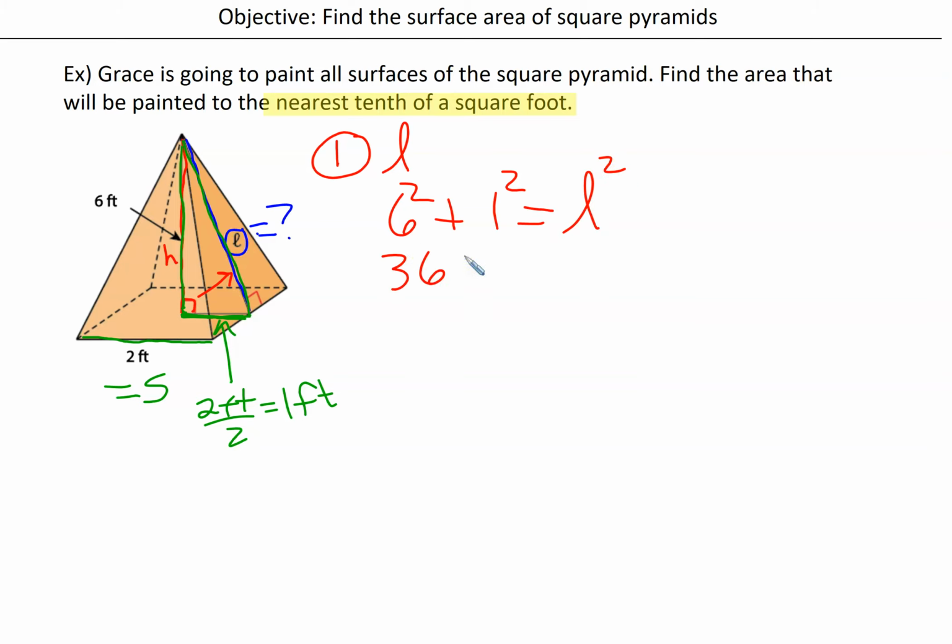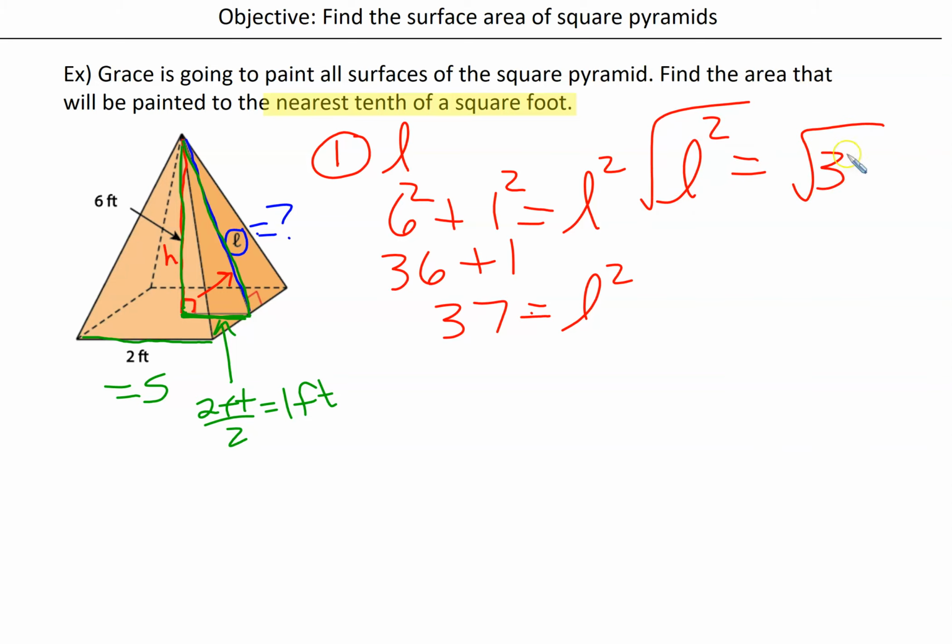So this gives us 36 plus 1, which is 37, and that's our L squared. Taking the principal square root of that, meaning positive, is going to give us our slant height L for each of those triangles.